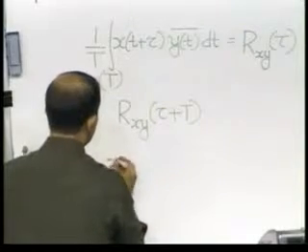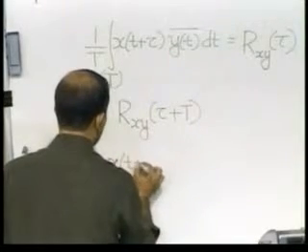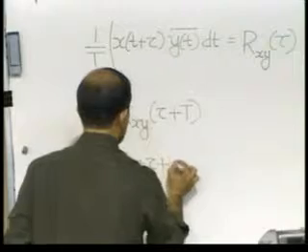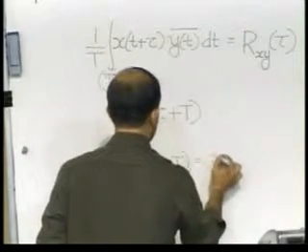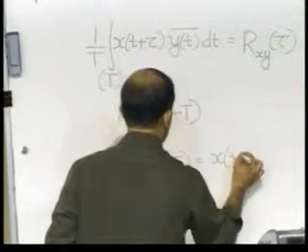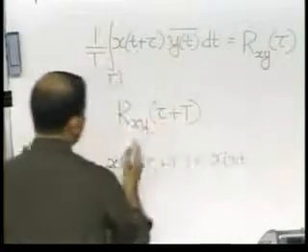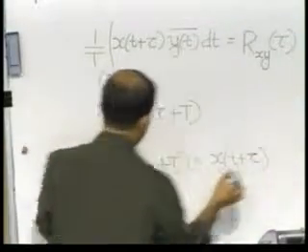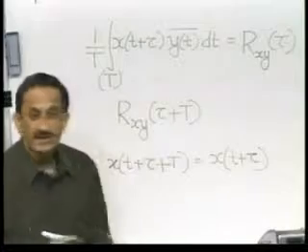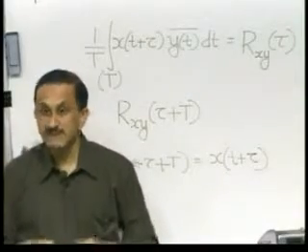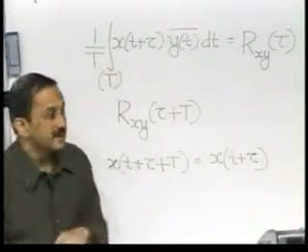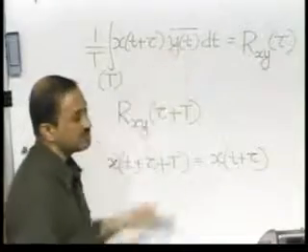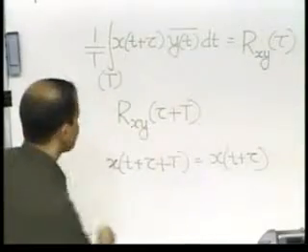When we have x(t plus tau plus T), it's the same as x(t plus tau), right? If you think of t plus tau as an argument by itself, then x(t) itself is periodic with period T, so it's the same as x(t plus tau). So it's trivially true that this is periodic with period T.